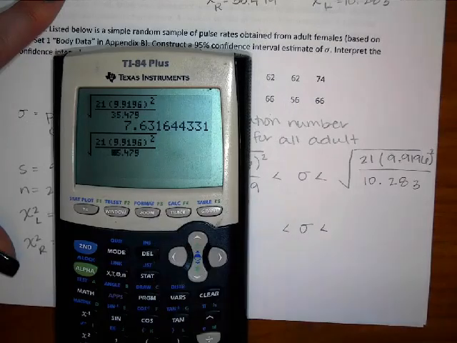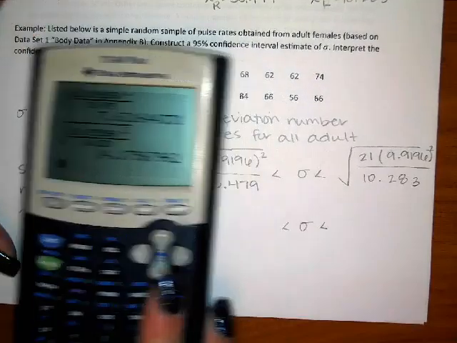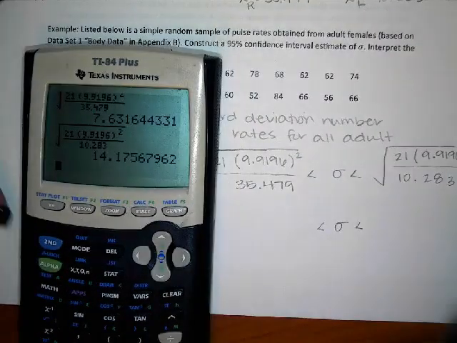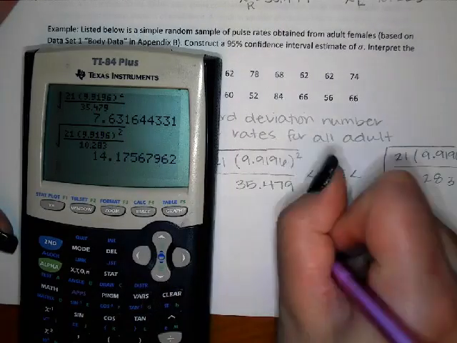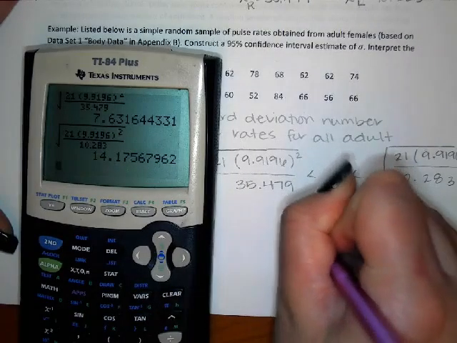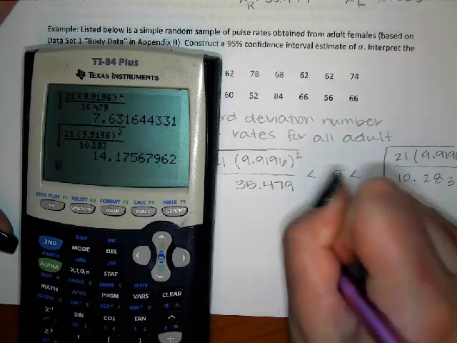Normally, we would have had the exact same calculation and we would have been taking a negative sign and changing it to a positive sign. And in this case, we don't have the exact same calculation. We have a larger number and a smaller number since our critical values are 2 different values. All right, so I have 7.6 and 14.2 beats per minute.